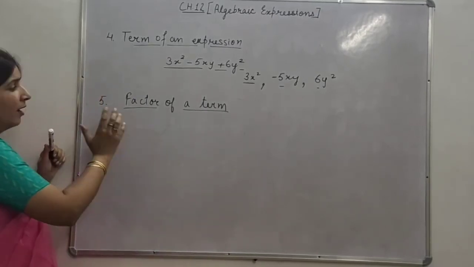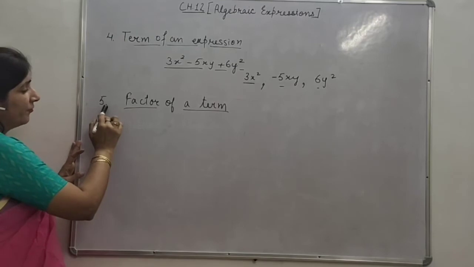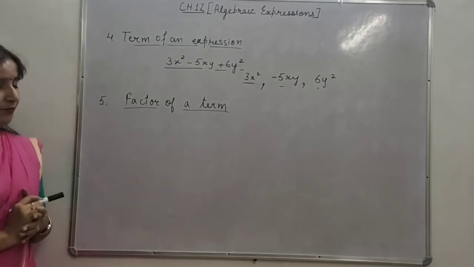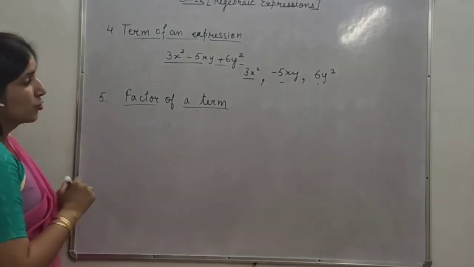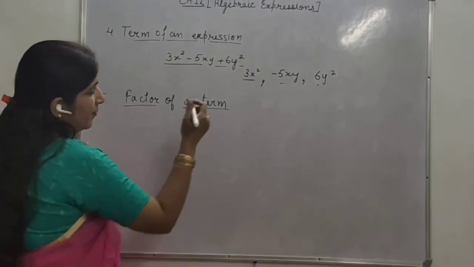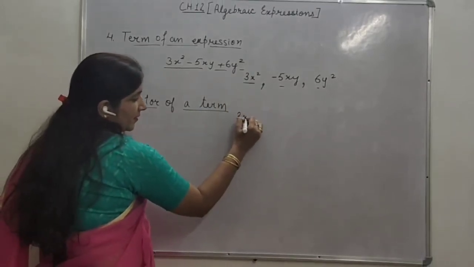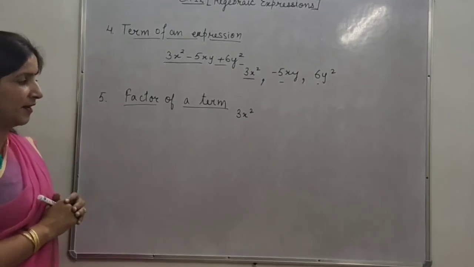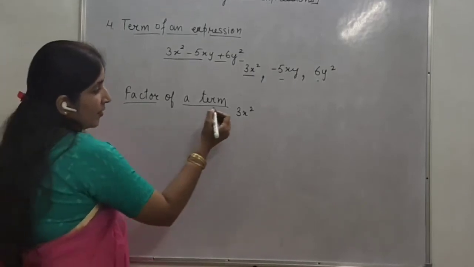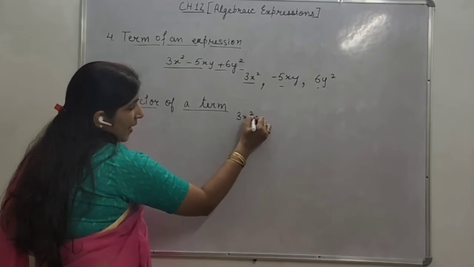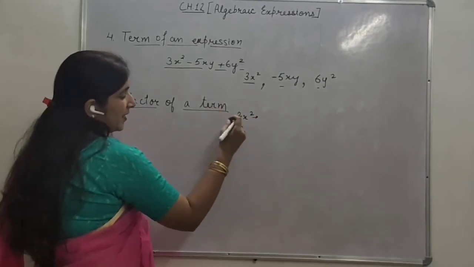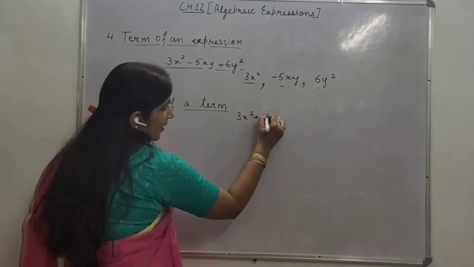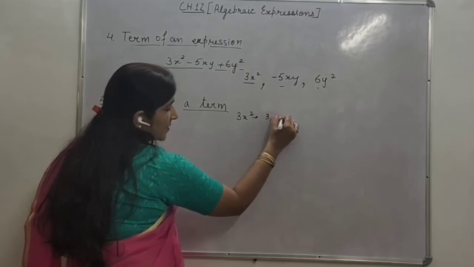Now the fifth is factor of a term. So what is the factor of a term? Suppose let us take this term 3x square. Now how many factors are there? We have to see. The factors means we separate the constant and each variable separately. Suppose I am writing it 3, x, x.